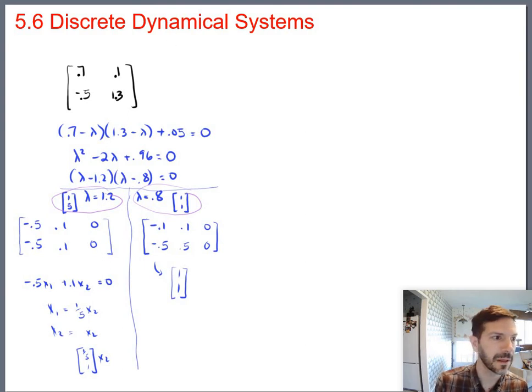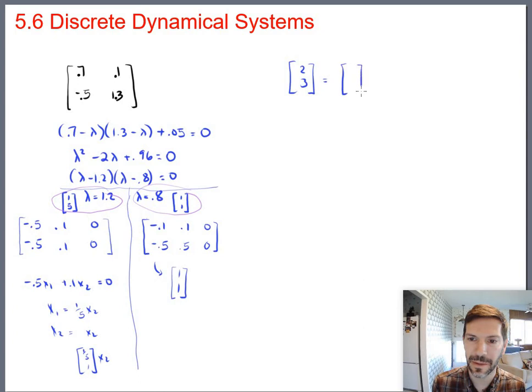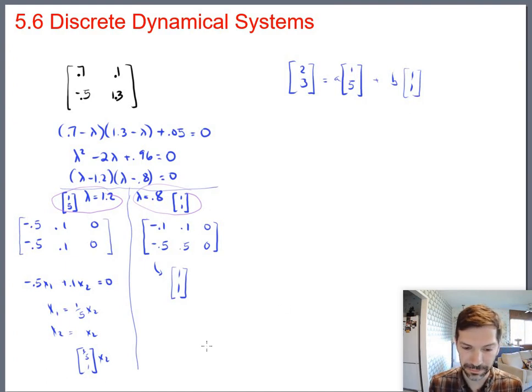So let's say 2, 3 must be able to be rewritten somehow as some combination of 1, 5 and 1, 1. And of course that is just a system of equations to solve.